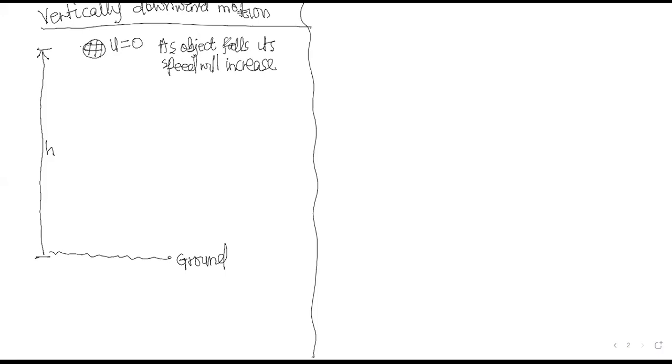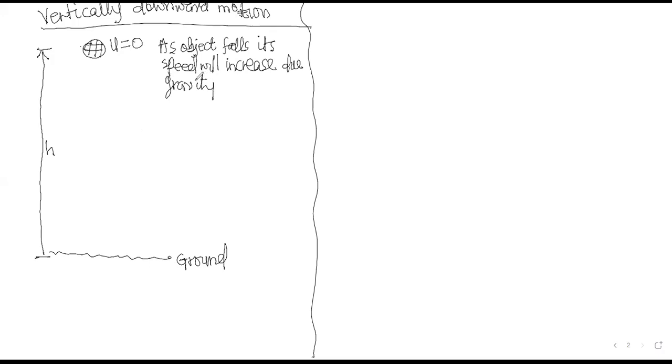Yes, please, you can go ahead and answer. Because the force of gravity will be acting on it. Yes, thank you. So as the object falls, its speed will increase due to gravity.